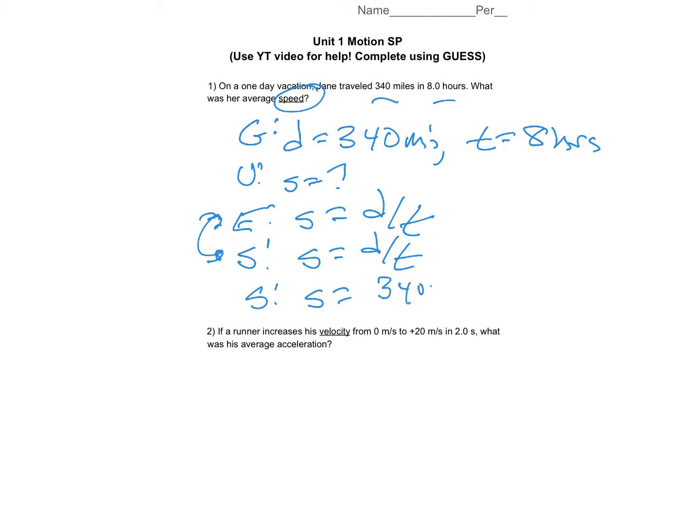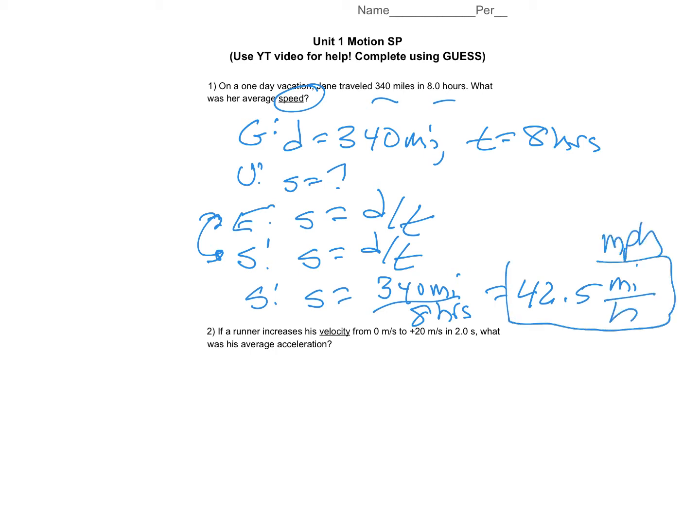It's 340 miles per 8 hours, which comes out to be 42.5 miles per hour. Or you could write it as MPH. Either one would work. Never write M, right? Because M is meters and MI is miles.